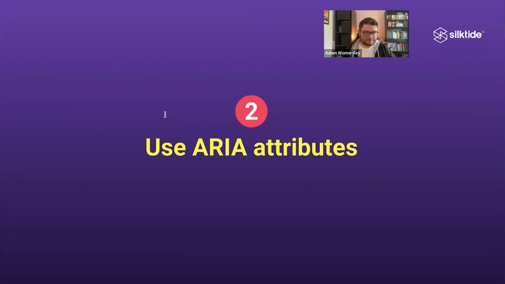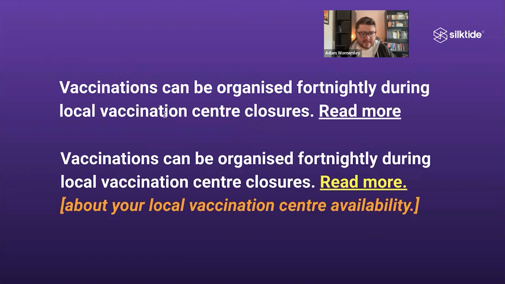link goes to. So looking at the same example as before, in that bottom one there, we have the exact same text, but crucially, the text in square brackets there is a hidden ARIA attribute. So it's not visible. It's not actually within the paragraph itself. But when a screen reader gets to it, it's going to read more about your local vaccination center availability.